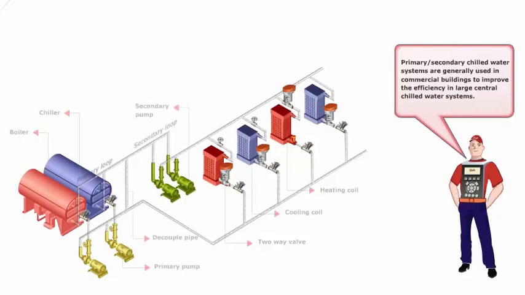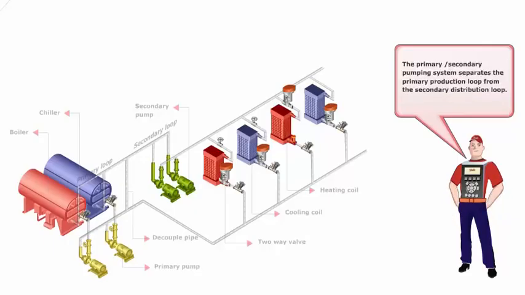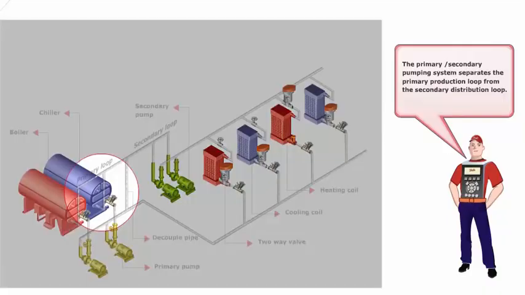Primary/secondary chilled water systems are generally used in commercial buildings to improve the efficiency in large central chilled water systems. The primary/secondary pumping system separates the primary production loop from the secondary distribution loop.